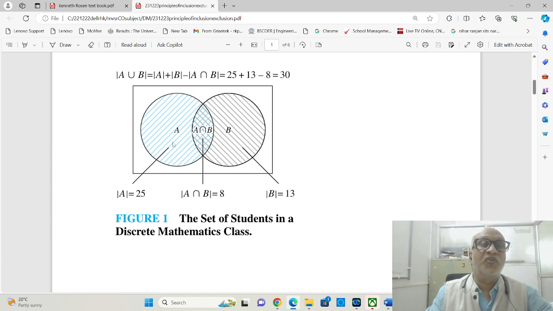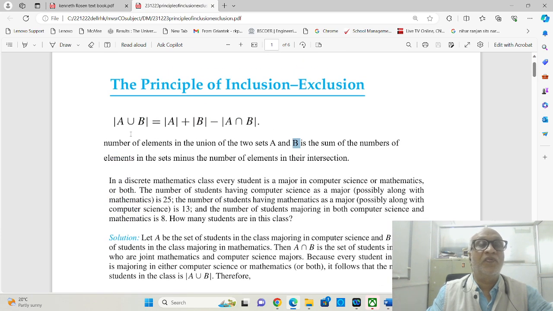Number of students in set A is 25, number of students in B is 13, and A intersection B, which are majoring in both computer science and maths, is 8. Now using this formula, because there are two sets here, set A and set B, computer science and mathematics, we have to calculate the number of elements of the union of these two sets.